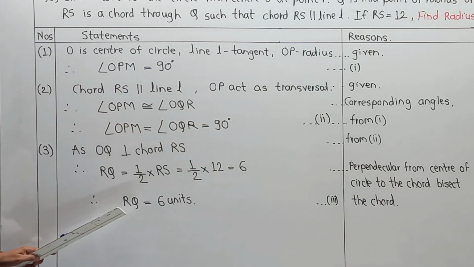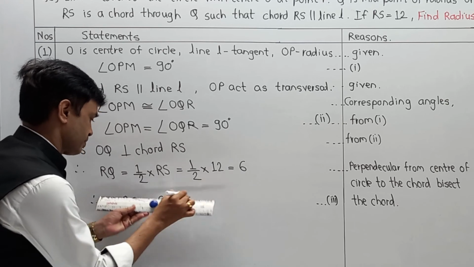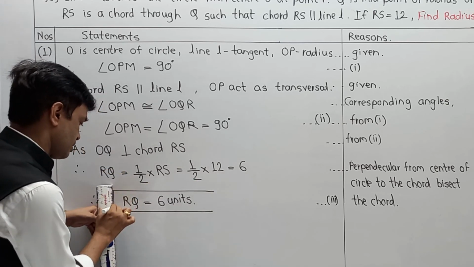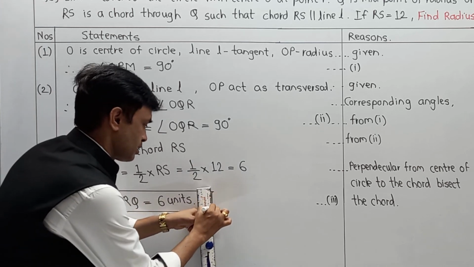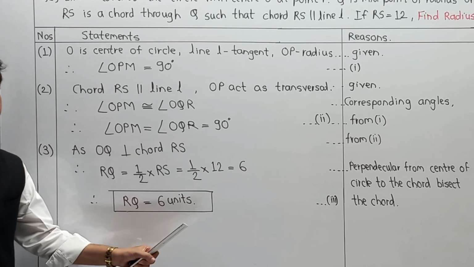Now you are able to get RQ as 6 units. As it is a main answer, I am going to make a box around it. And now you are able to get RQ as 6 units.